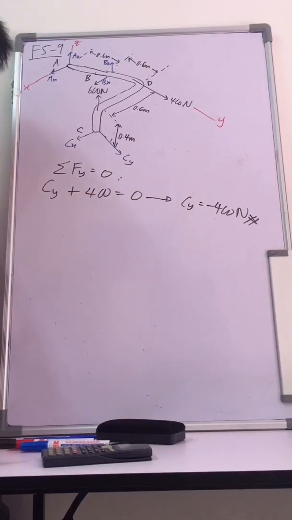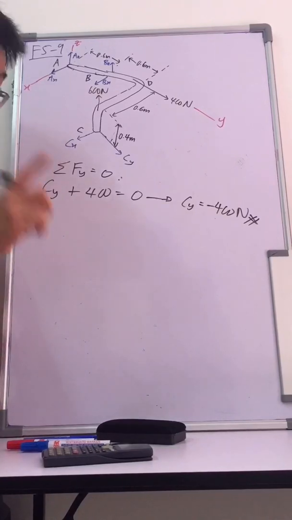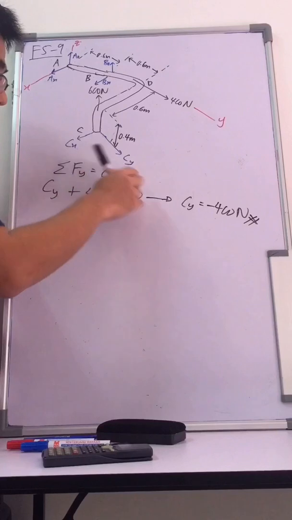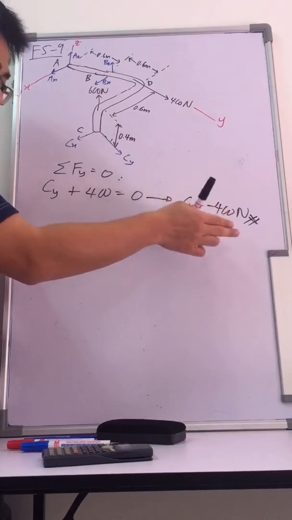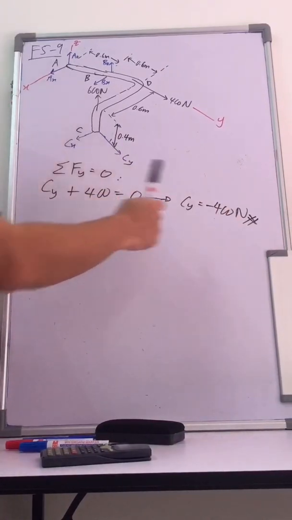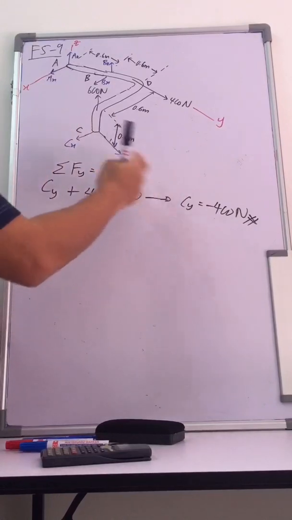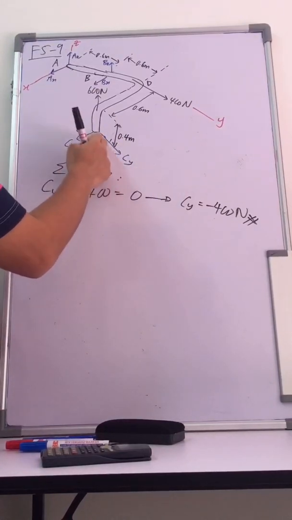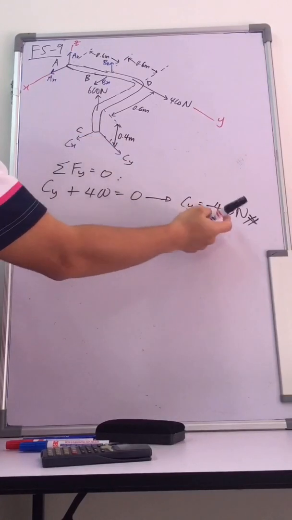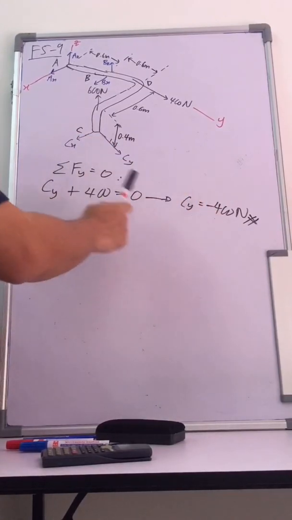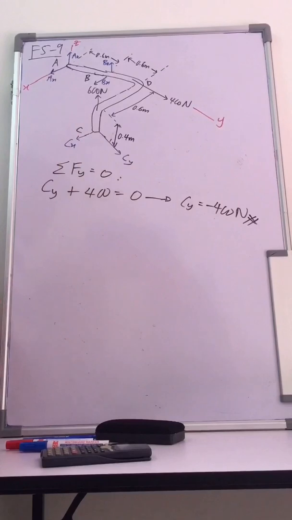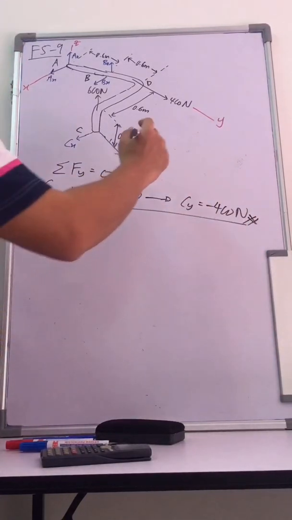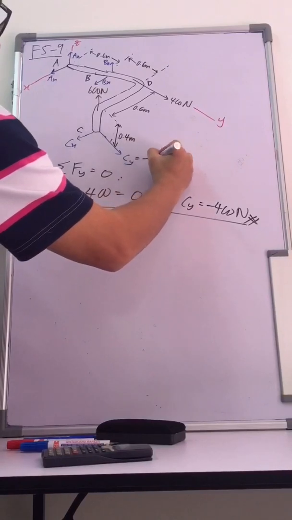So in the answer, either you assume Cy going this way and you got 400 and you say that it goes the other way around, or you initially assume it going the other way around and then you should get positive 400 here. So you got the first unknown, which is minus 400 Newton, right?